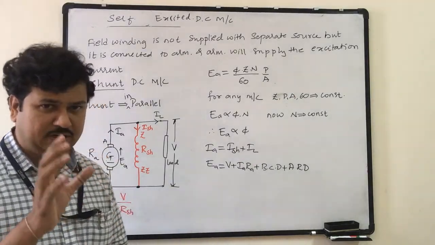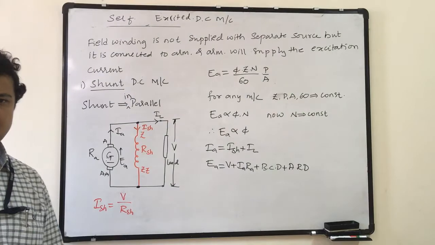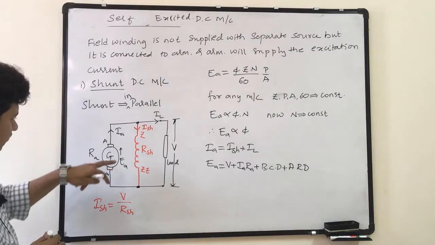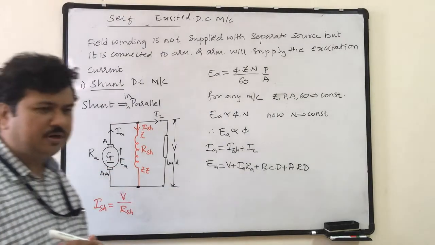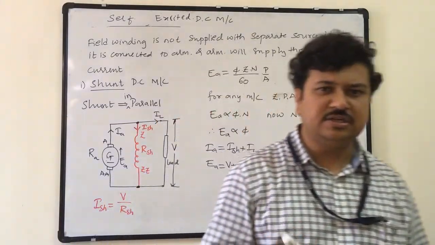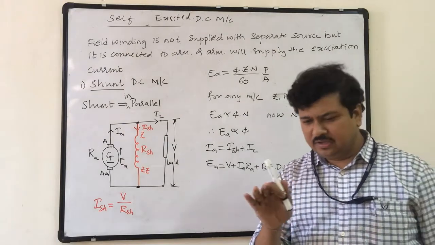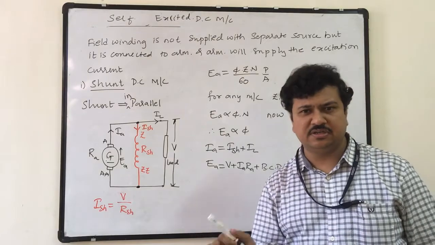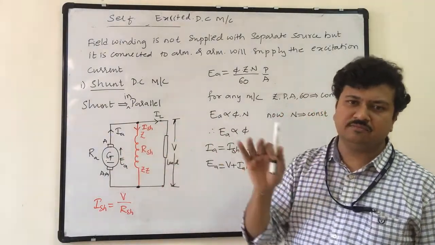Now, how is the construction of the shunt field winding done? I told you the construction will not differ physically, but whenever I am providing the shunt field winding, it is very important to decide at the earlier stage itself whether this DC machine will be operated as a shunt machine, a series machine or a compound machine. Depending upon this classification, I have to decide the winding of the field.